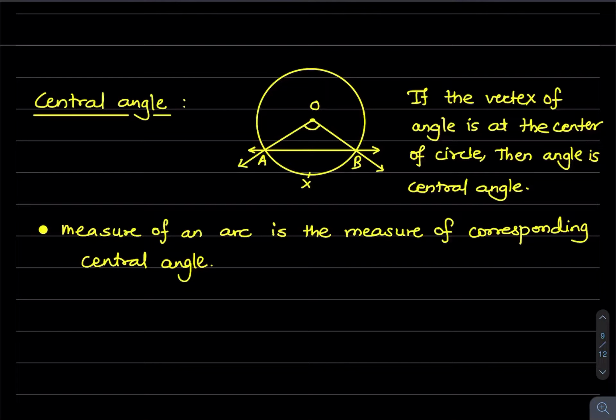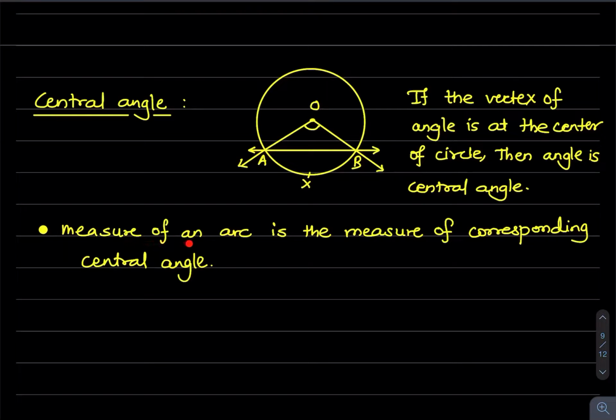Now we are going to see how to measure this arc. To measure this arc AXB, you simply take the measure of the central angle of this arc. So this is the central angle of this arc, and by measuring this angle, you will get the measure of this arc.